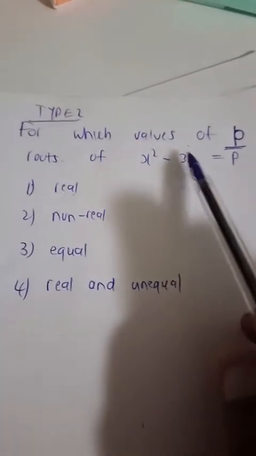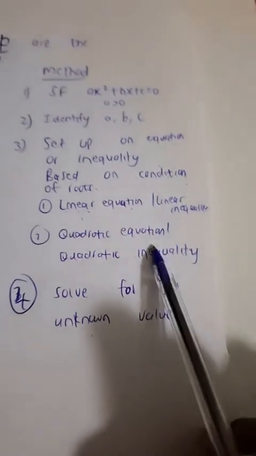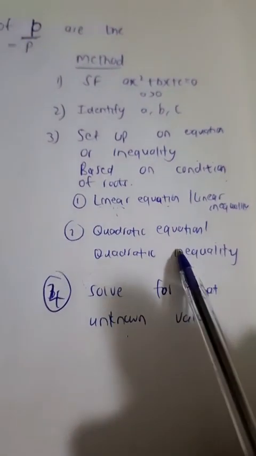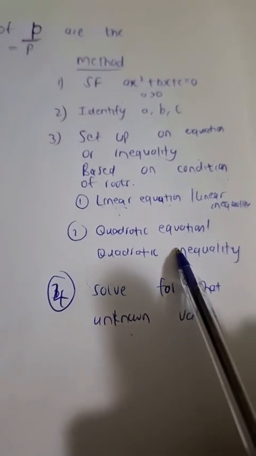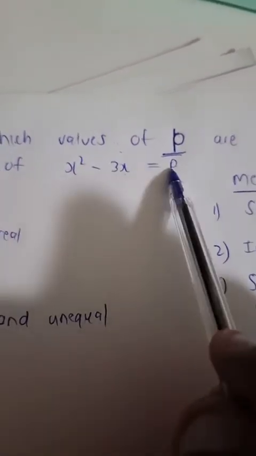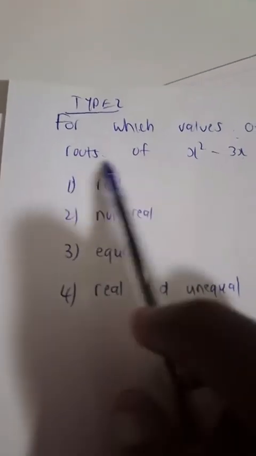So let's go and apply what we've just mentioned as the method of solving these types of nature of roots questions. So I repeat, the question says, for which values of p are the roots of x squared minus 3x equal to p real?